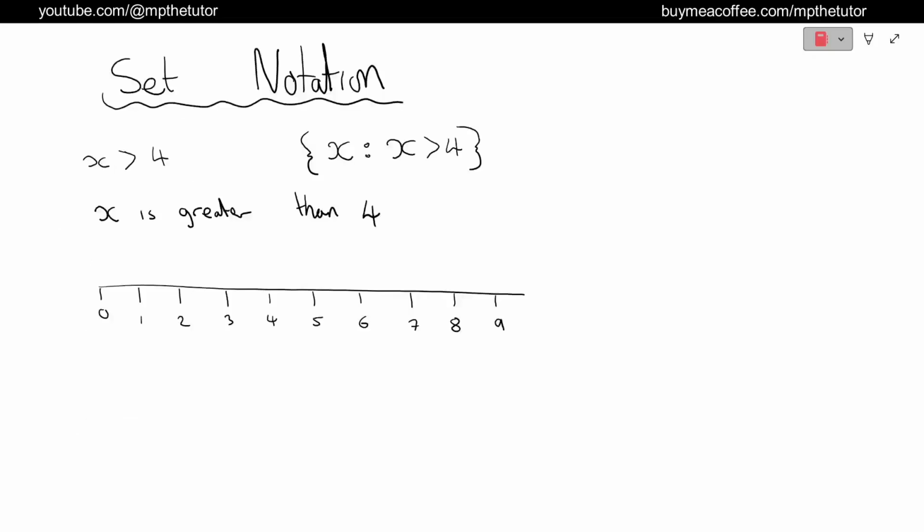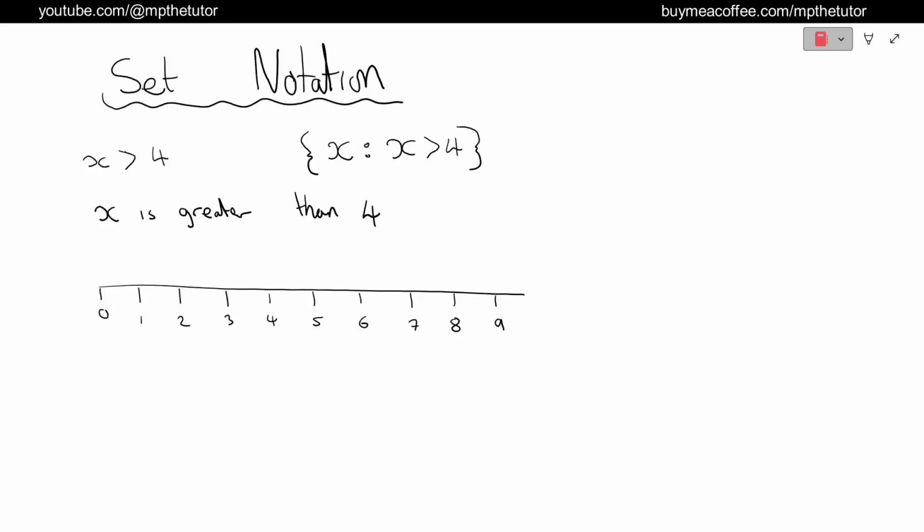So let's have a little look at another way of writing these, what are called inequalities. And that's via something called set notation. It's very similar to how you normally write it, but it's used to define things a bit more accurately.